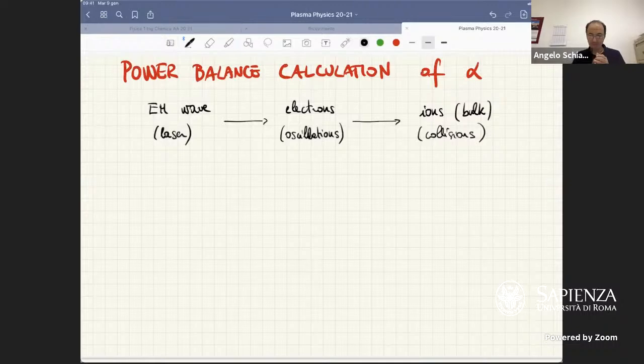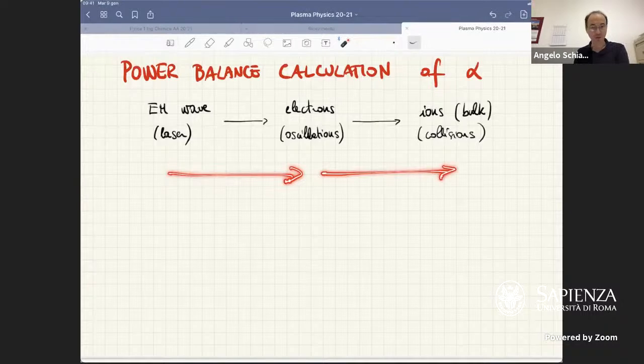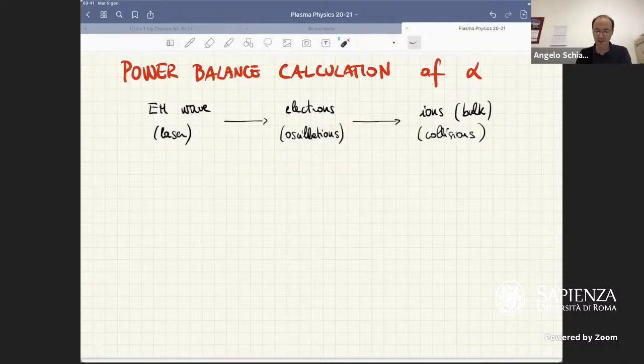So we have to establish a power balance. So the energy coming from the laser given to the electrons has to be, at a certain rate, the same rate at which electrons are then giving energy to the ions.